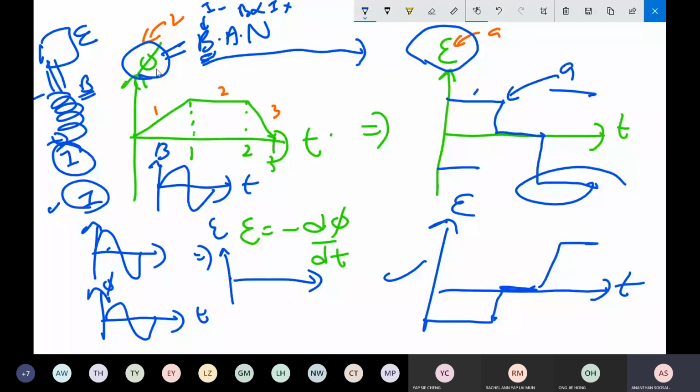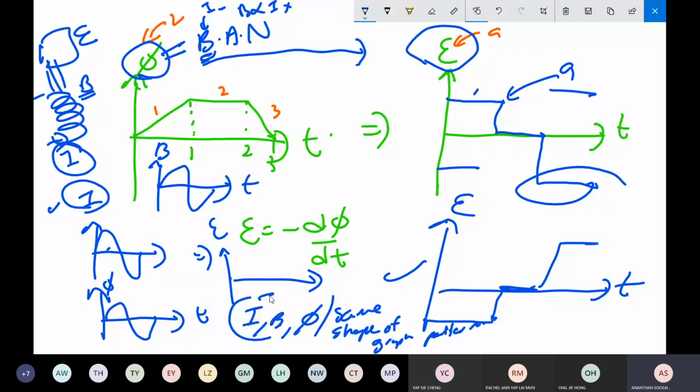So the conclusion is I, B, and flux always have the same shape. The pattern is the same. If I is sine, B will be sine, flux will be sine. EMF, you need to differentiate, like what we did just now.